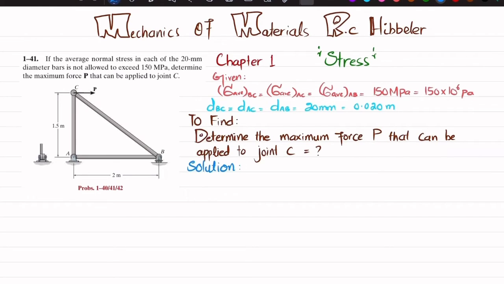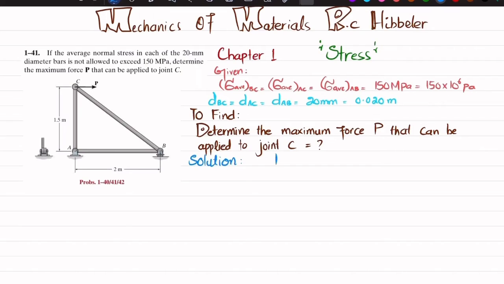From this truss, you can see it is a right angle triangle. We have to find this angle theta. Clear? We know that AC is given as 1.5 meter and AB is given as 2 meter. So we'll find this BC, which is not known.